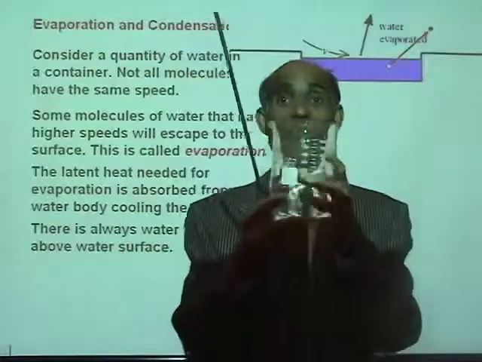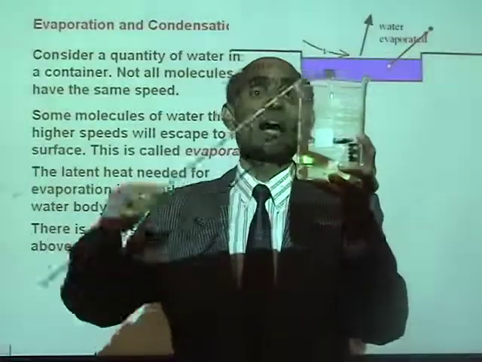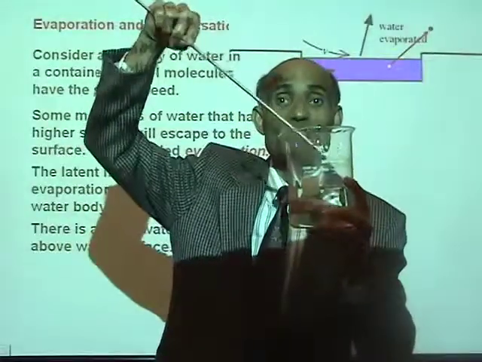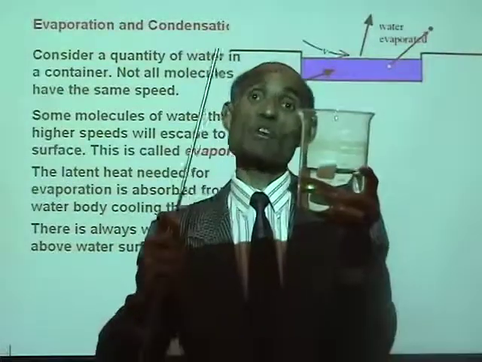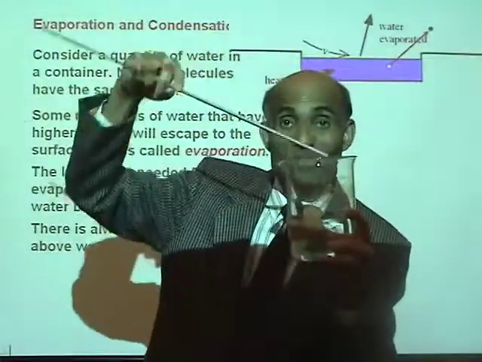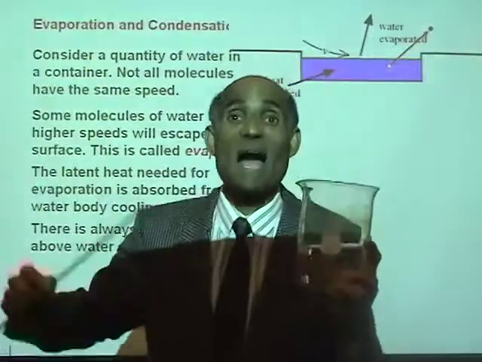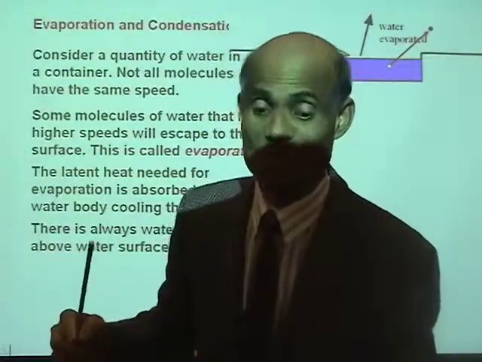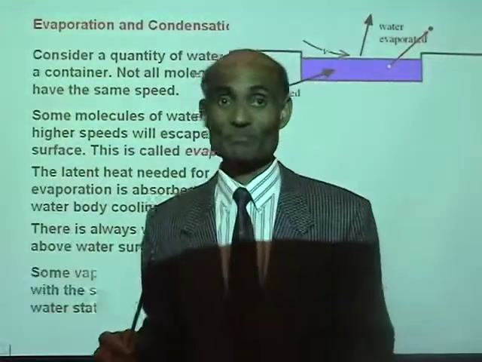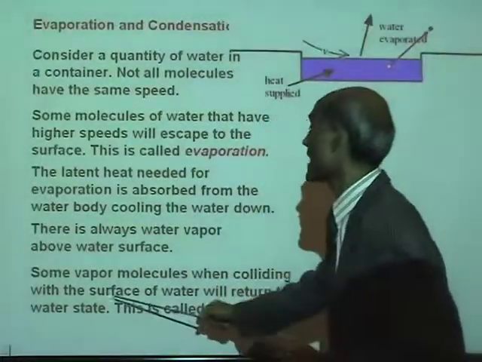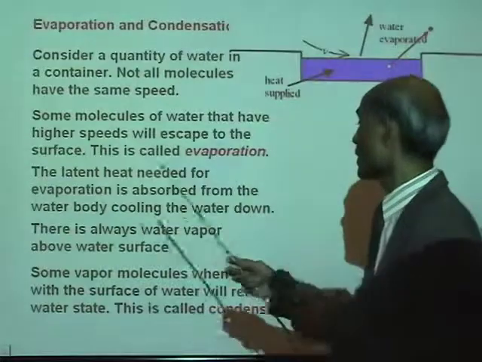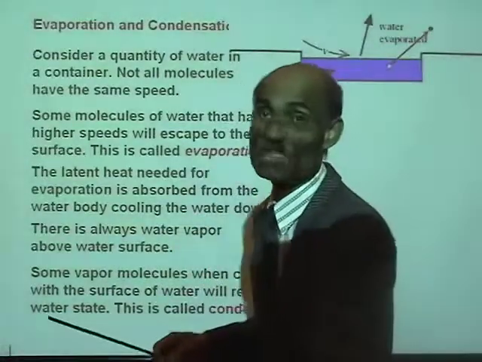Now, there is always water vapor above the surface. This body of water always has water vapor above it. That means evaporation and condensation always happen at all temperatures. Some vapor molecules, when colliding with the surface of water, will return to the water state.